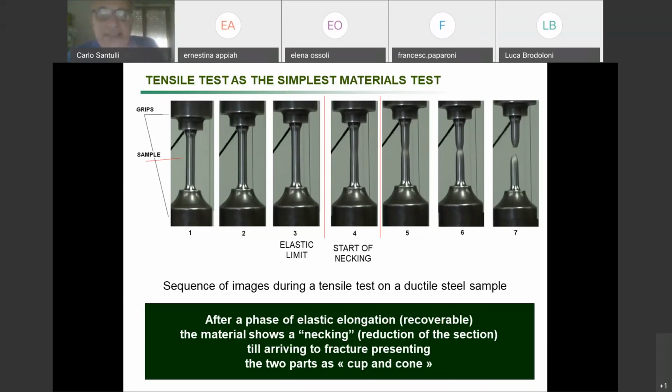Okay, so it's elastic. Up to a point, it's elastic. Then the behavior changes, and this is important, because it becomes rather plastic. So up to image 3, if I discharge, if I take off the force, unload, and I come back to image 1, then I can start again and again and again.